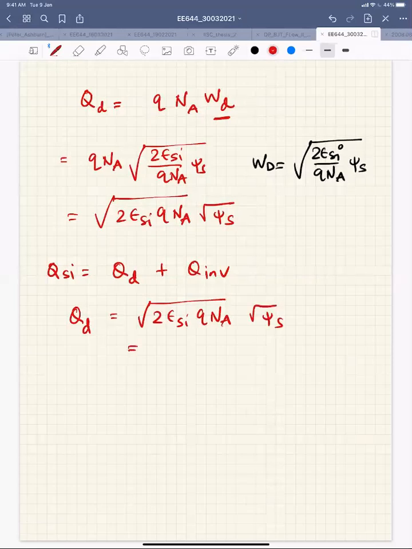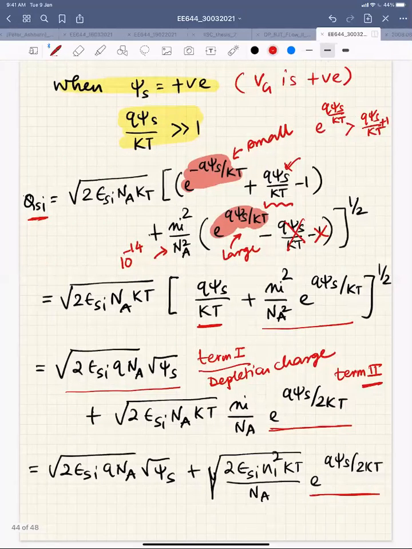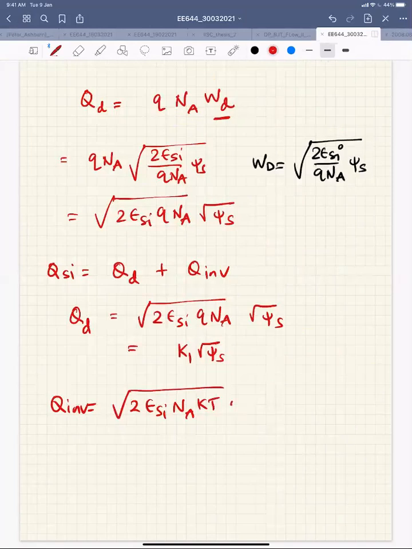This is some constant, let's say K1, times root over psi s. And your inversion charge is root over 2 epsilon Si Na kT times ni by Na, or I could take it inside.